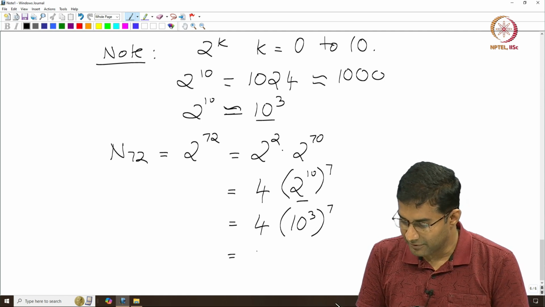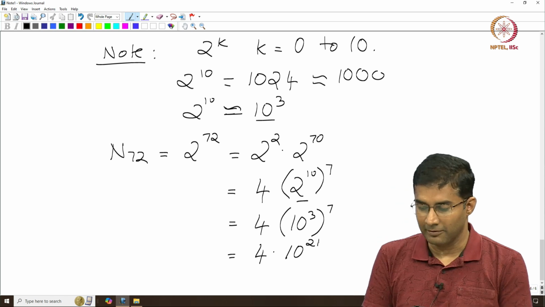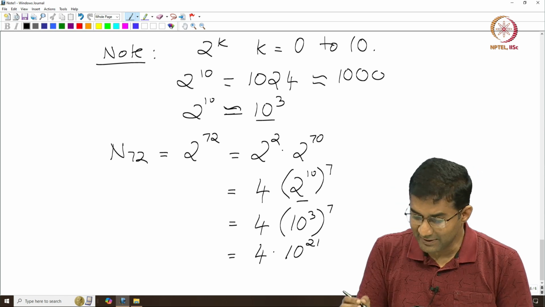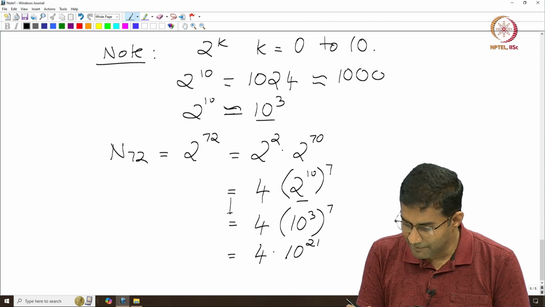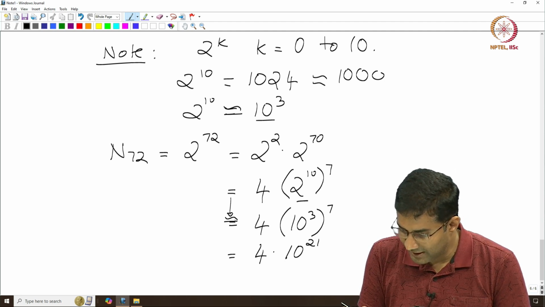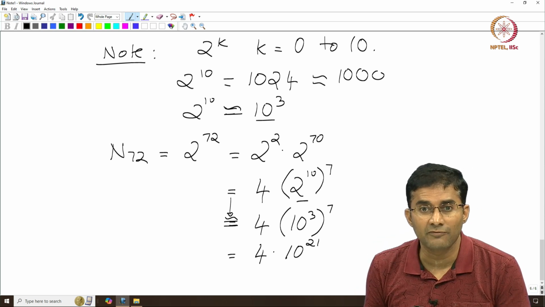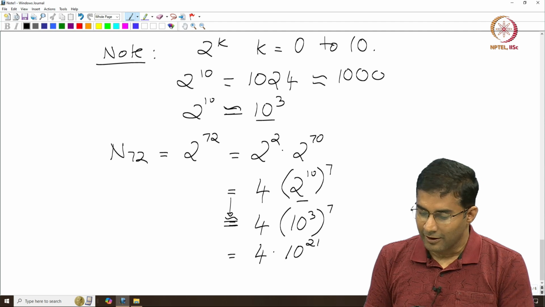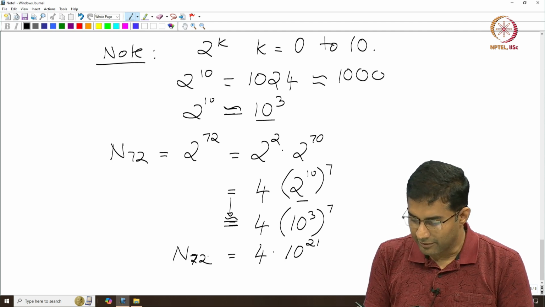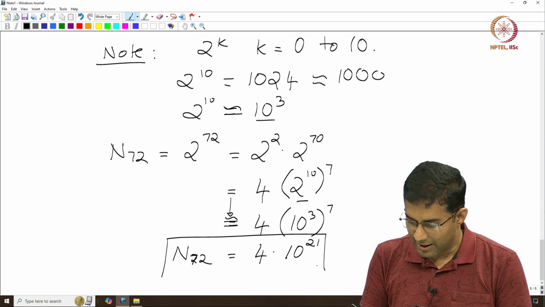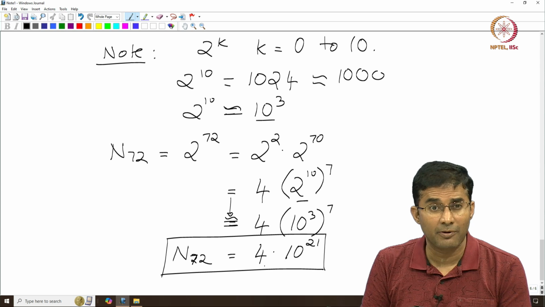So this becomes 4 times 10 power 21. But of course remember that these are not exact equalities. When I came from this step to this step, I made an approximation, so I will denote this with an approximately-equals sign. So the population size at the end of 72 generations, or 1 day, was roughly 4 times 10 power 21.